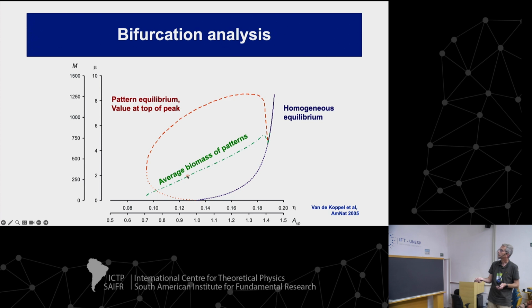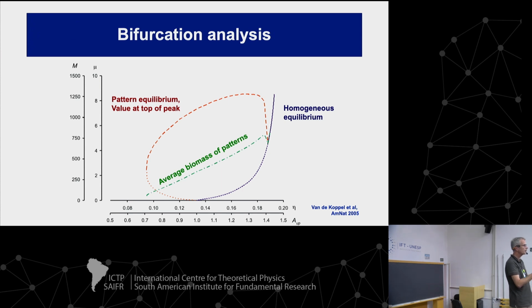Of course, you see that with this system it can all go all the way here. The average biomass of the... Oh, yeah, sorry, that's not clear. It's the average biomass of the pattern state. Good that you remind me to do that.